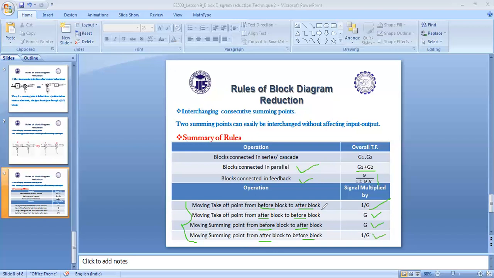So if you can remember only one point among these 4, the remaining points can easily be remembered. How?